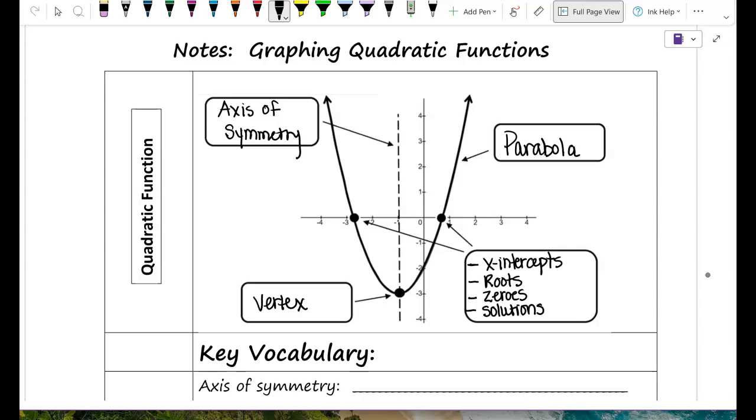But it is all this box here that's really going to be the star of the show in this unit. This is where we're going to get to how do I find or how do I solve a quadratic function?